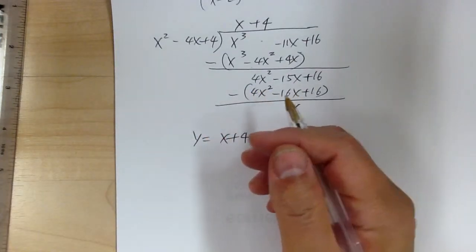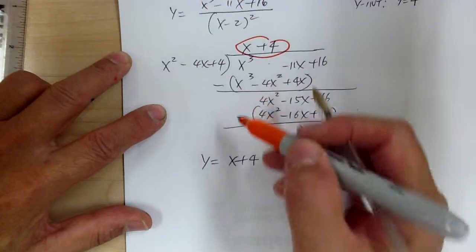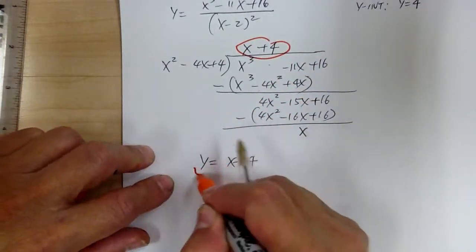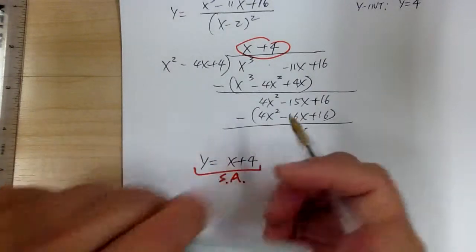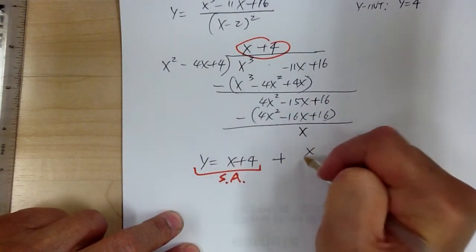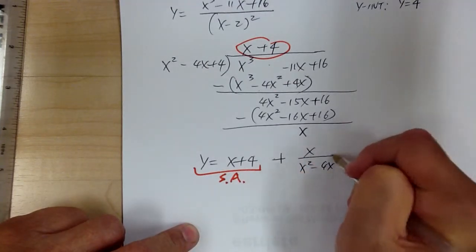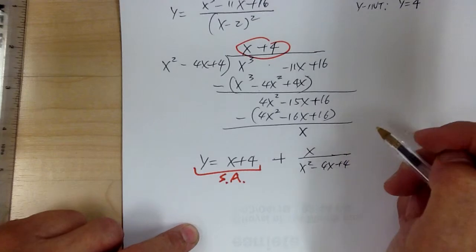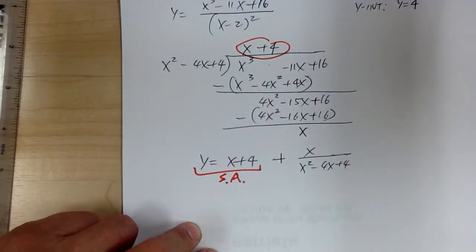The quotient part, that is your slant asymptote, right? And then the fraction part, the leftover, would be plus x over x squared minus 4x plus 4. I'm going to put in the factored form so it's a little easier to see.